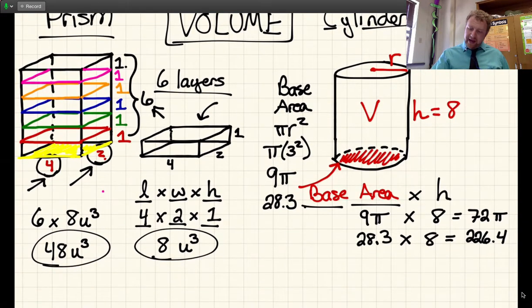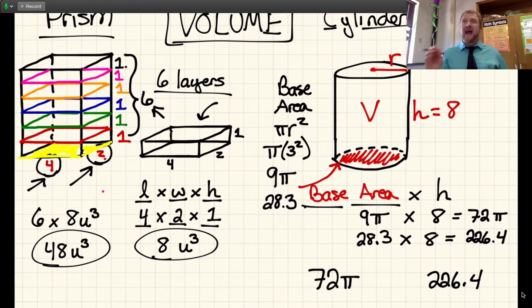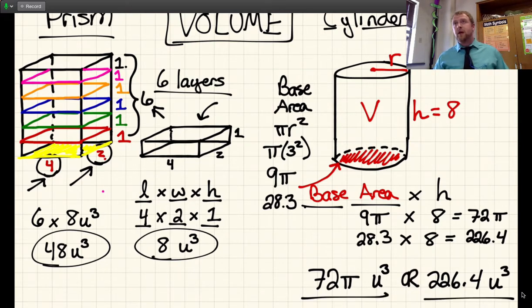So if my answers for these problems are 72 pi or 226.4, what do I have to add to those to make it a correct answer? Jacob? Units cubed. Both of those answers are acceptable, and actually, both of them are equivalent.